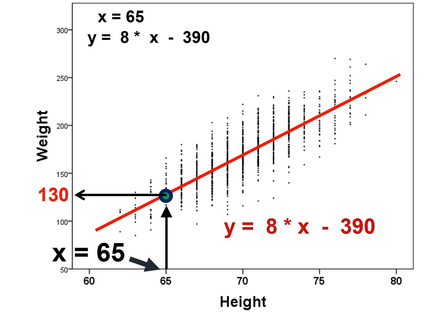Now we do the algebra. X is equal to 65, so we substitute 65 for x in the formula. Our next step is multiplying 65 by 8, and that gives us 520. So we can substitute 520 for 8 times 65, and the next step is to subtract 390 from 520.